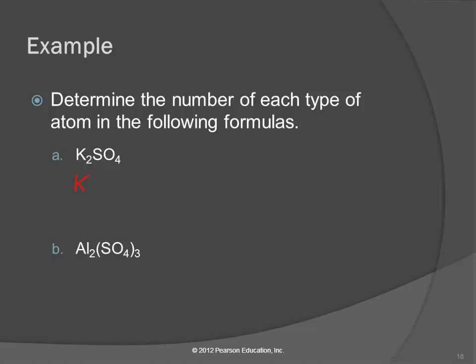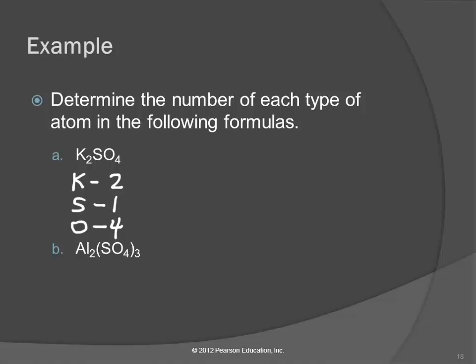Potassium and sulfur and oxygen. Okay, so just list the element symbols. How many potassium atoms are in that formula? 2. How many sulfurs? 1. How many oxygens? 4. Okay, that wasn't too bad, was it?